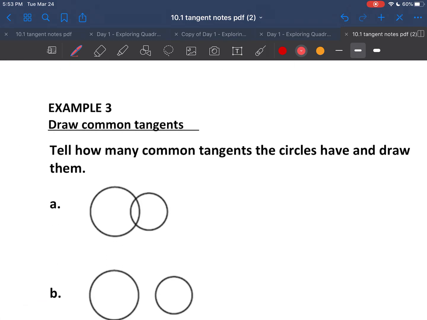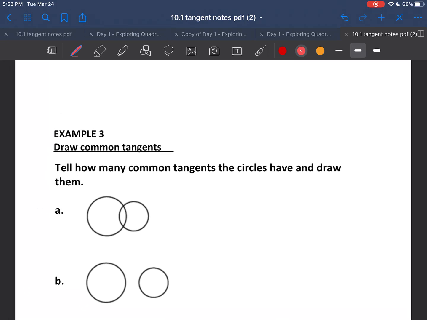Okay, let's talk about common tangents. And you might want to add in here a definition, and I will go ahead and write it out as well. So a common tangent is, now it can be a ray or a line or a segment, but it's tangent to two coplanar circles.